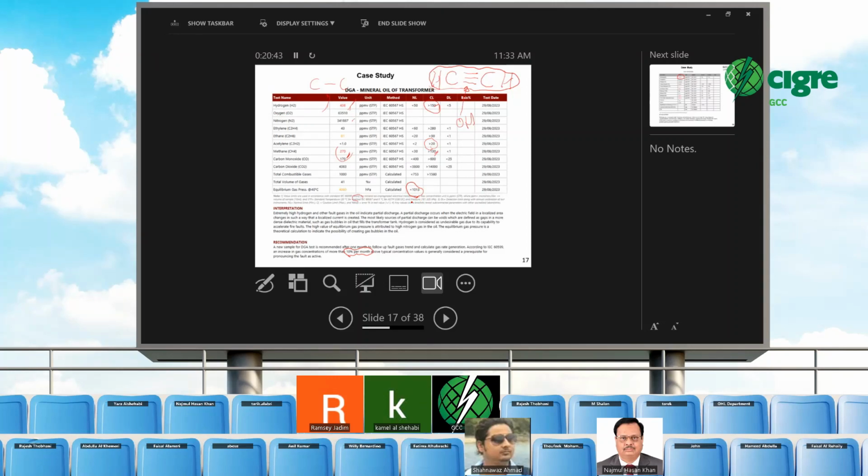So acetylene is very important to check, to see its limit.